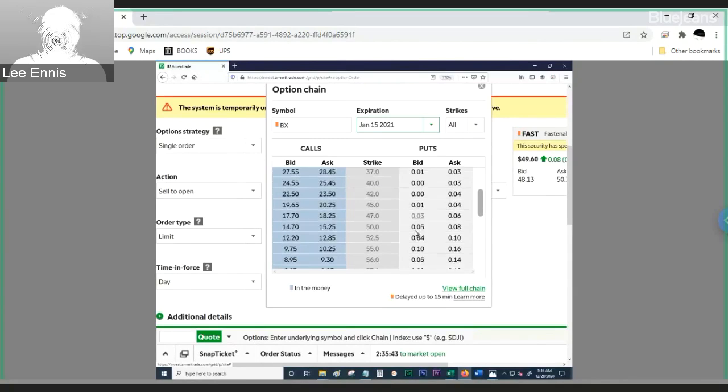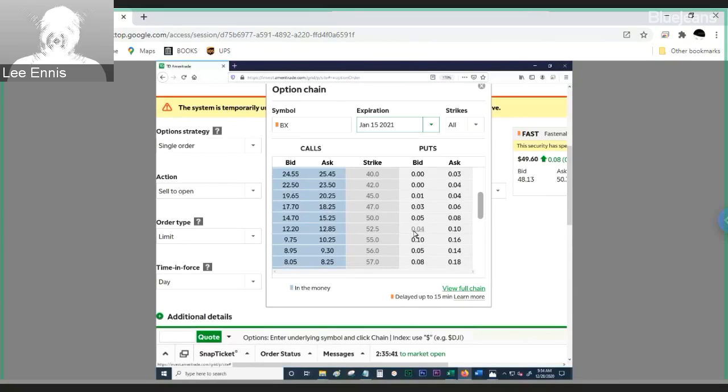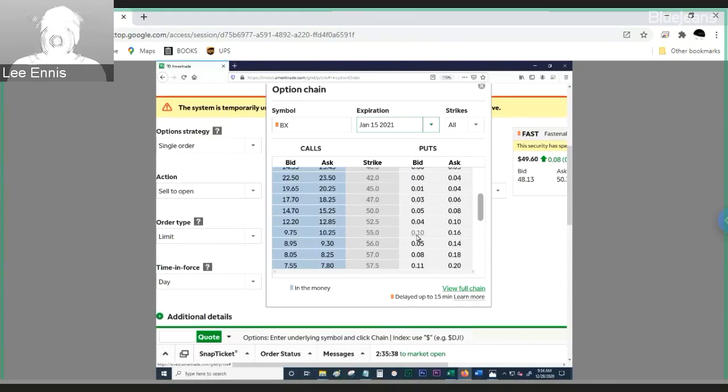And look, this is really cool. You see, we can get paid, and it's all over the place. Look at this. We can get paid $5 to buy the stock at $50. We can get paid $3 to buy it at 47. I mean, this comes down to statistics, and I can show you the numbers on that, just for fun.